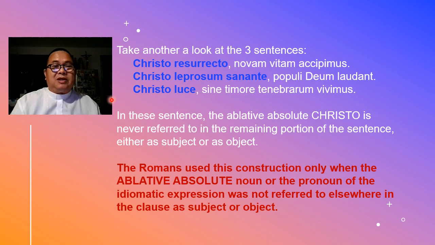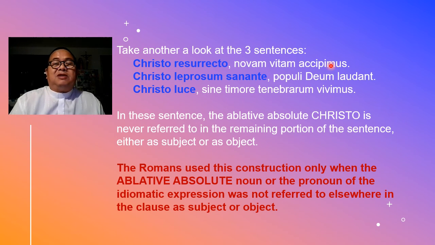And you will notice that Christo, the ablative absolute, is never referred to in the other half of the sentence, which we may call the main clause. There is no reference to Christo here. Novum vitam accipimus. Populi Deum laudant. Sine timore tenebrarum vivimus. Christ is never referred to here.